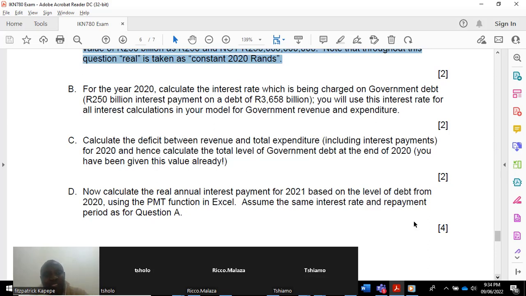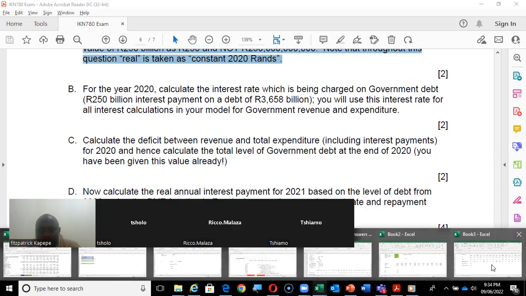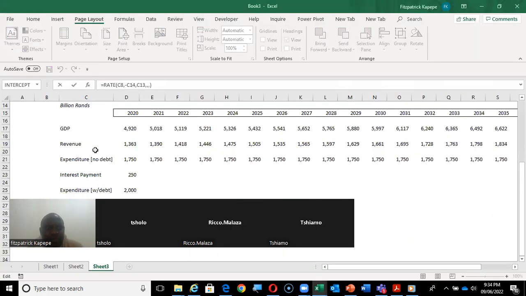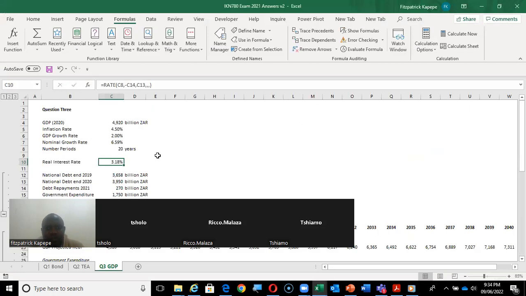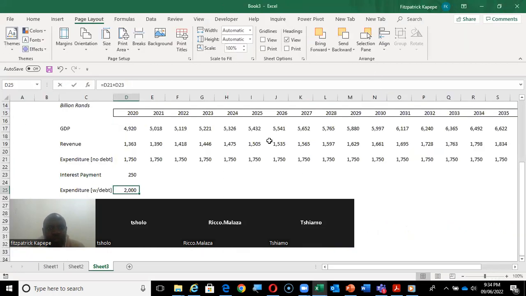Beautiful. So here we have been given the 2019 debt of 3658.